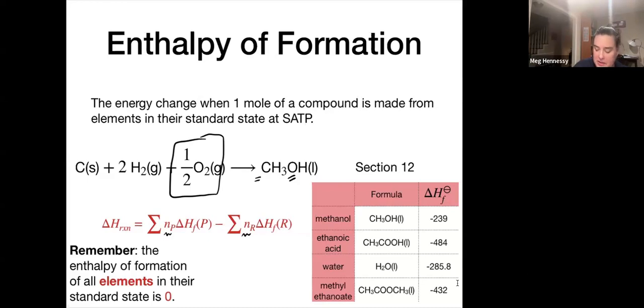I stole a few values from section 12, and we use section 12 for calculating delta H's from delta H of formation, for calculating delta G's, and for calculating delta S's if you're in HL from the absolute entropies of things. But in each of these cases, whenever you're using section 12, you're going to use the formula products minus reactants.